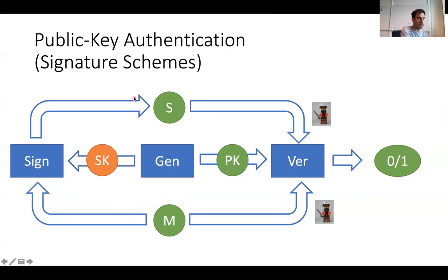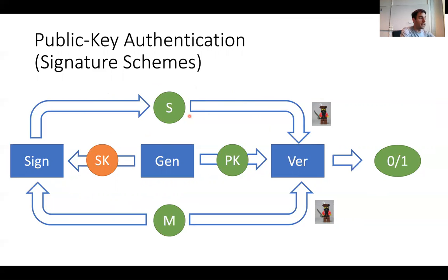Remember, signature schemes, as we have seen in the last video, are qualitatively different from symmetric key authentication schemes, MAC schemes, because they have this transferability property, this non-repudiability property. If you sign a message, anyone can verify it.